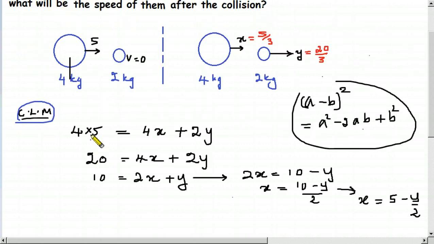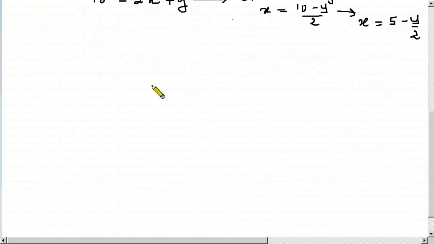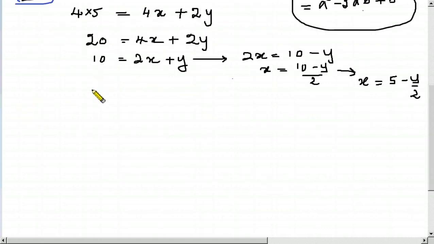You have to write, say the velocity of this one is v1, velocity of this one is v2. After the collision, velocity of this one is v1 dash. After the collision, velocity of this one is v2 dash. We write dash for after collision. So the equation is without using mass, because this equation has been derived from that original equation, so no problem.